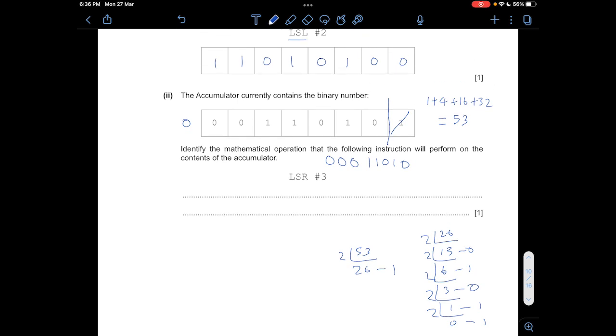So when you move 3 places to the right, you're essentially dividing. So you have to look at it this way. This position is basically 2 power 1. So when you move it to the right, that means that it starts from 2 power 1. That's why you need to divide it by 2. Now this one is 2 power of 2, which is 4.